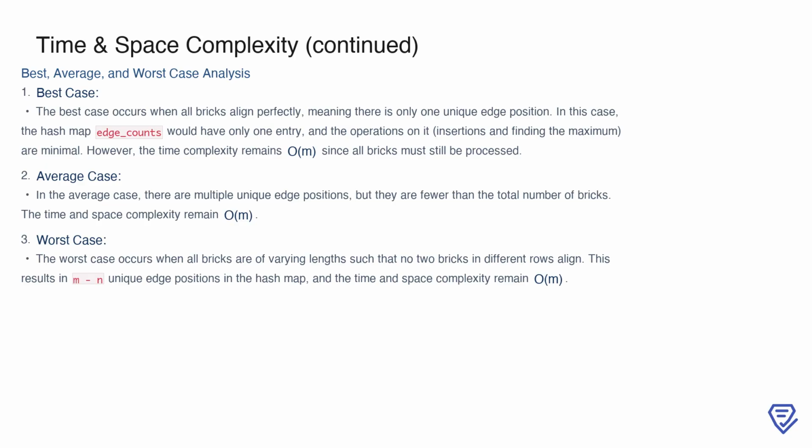For the average case, there are several unique edge positions, but fewer than the total number of bricks. In this scenario, the time and space complexity continue to be O(m). In the worst case, all bricks have varying lengths such that no two bricks align across rows. This creates n unique edge positions in the hash map, but even here, the time and space complexity remain O(m).